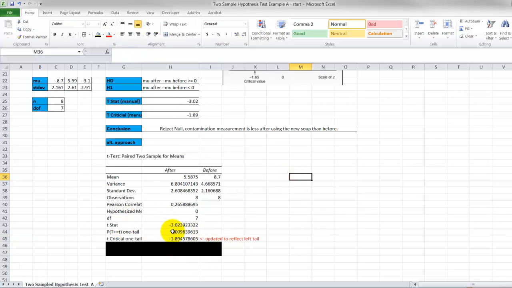The interpretation is exactly the same. The critical value is negative 1.8, so it's close to the center, which means our test statistic lies far on a tail. If it's far on a tail, our p-value must be 0. If our p-value is less than alpha, we reject the null and accept the alternative. So we can actually do this either way.